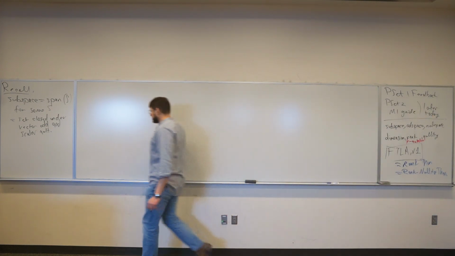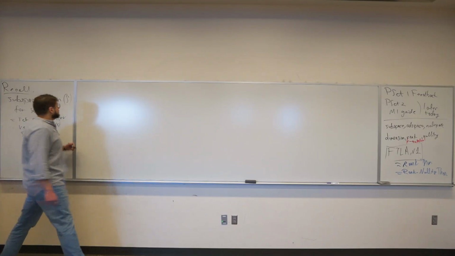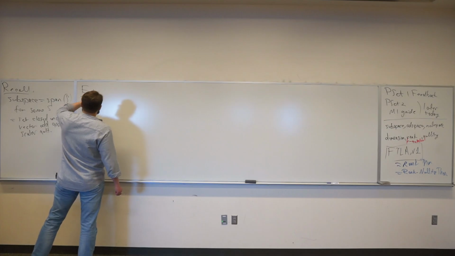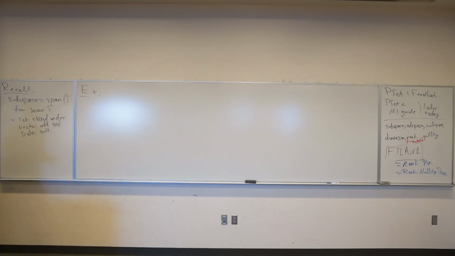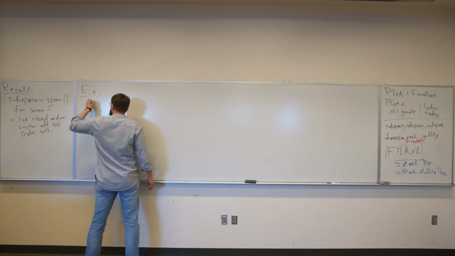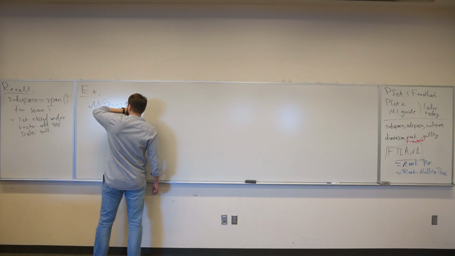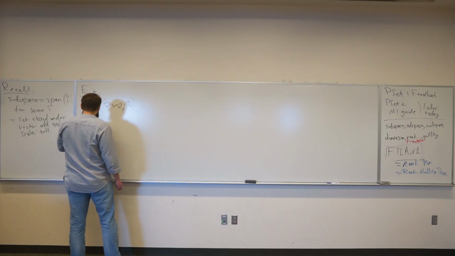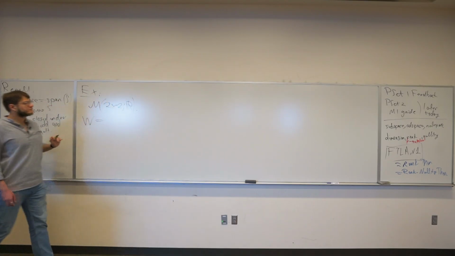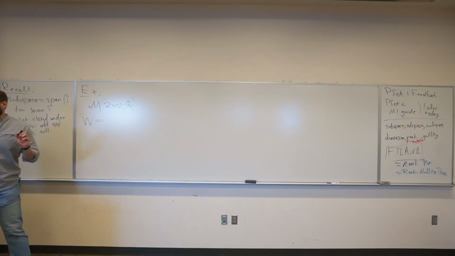But maybe we can give an example of a subspace of, say, 2 by 2 matrices. This is rather important. So my space is 2 by 2s. Then I can look at W, which is matrices of the form ABCD, where A plus D equals 0.